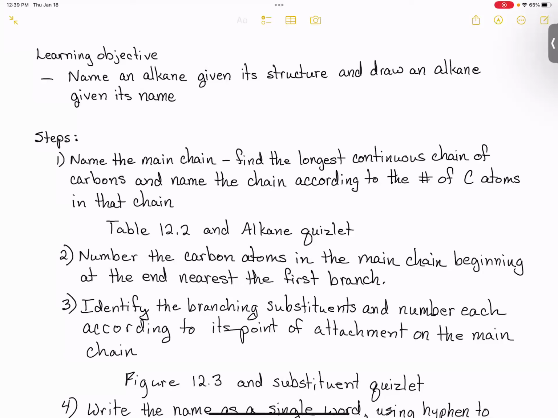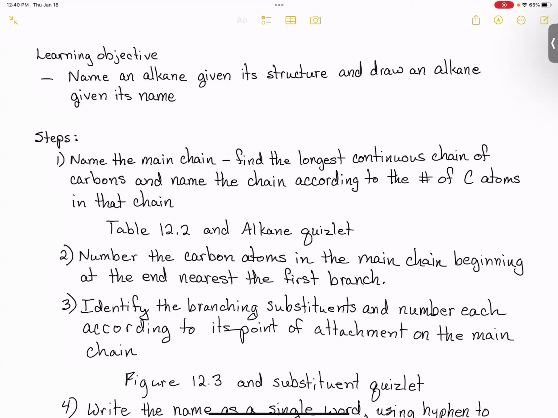So, name an alkane given its structure and draw an alkane given its name. There are steps that we follow in naming an alkane. Step number one is to name the main chain. You are going to find the longest continuous chain of carbon atoms and name the chain according to the number of carbon atoms in that chain.